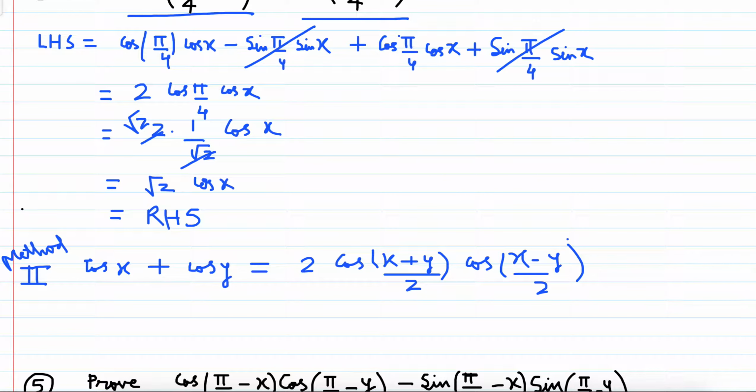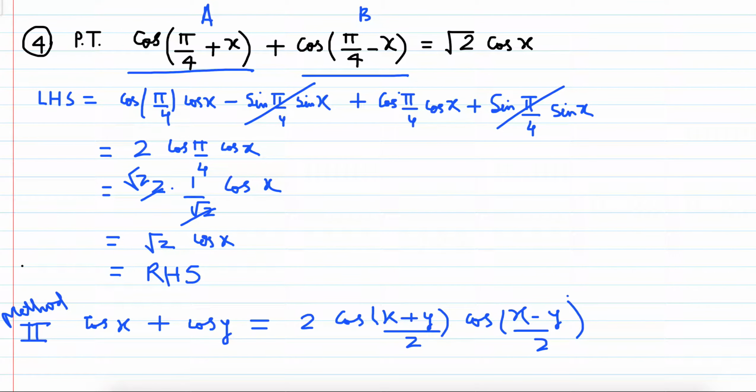We can directly use this formula. So we'll get 2 times (x plus y) by 2. Here x is pi by 4 plus x, and y is pi by 4 minus x. Adding these we will get pi by 2, and pi by 2 divided by 2 is pi by 4.